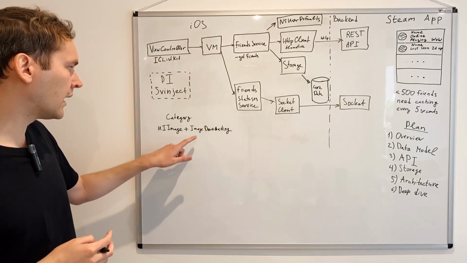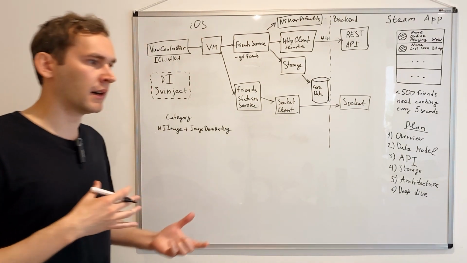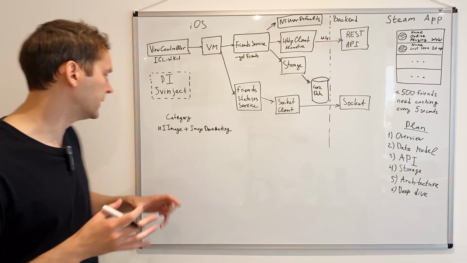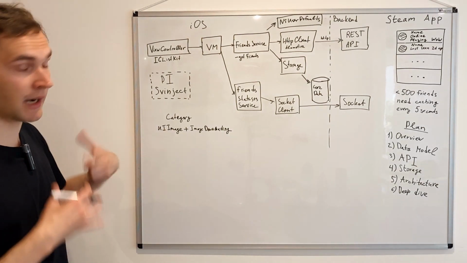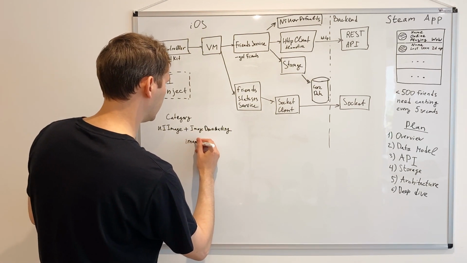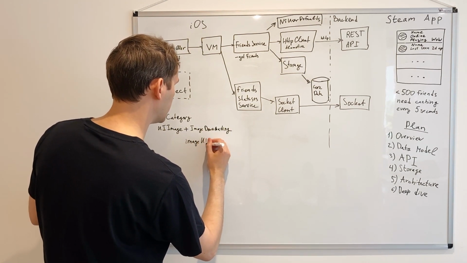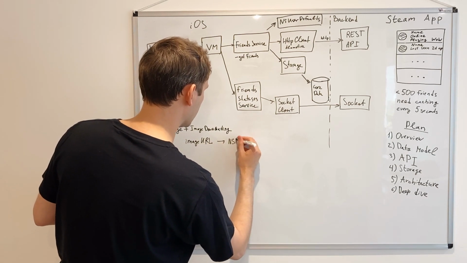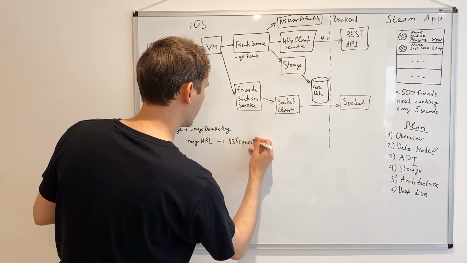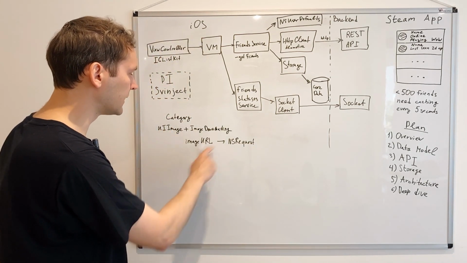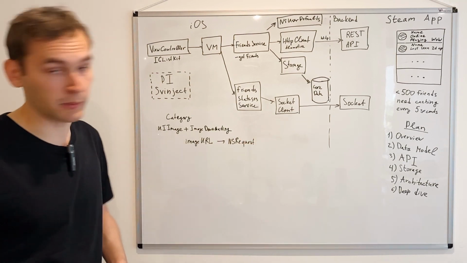So we'll have a queue here that would be saved as the binding between, let's say, image URL and request. So here we'll have a binding between image URL and, let's say, NSURLRequest. So if the image goes off screen, then we can cancel the request.